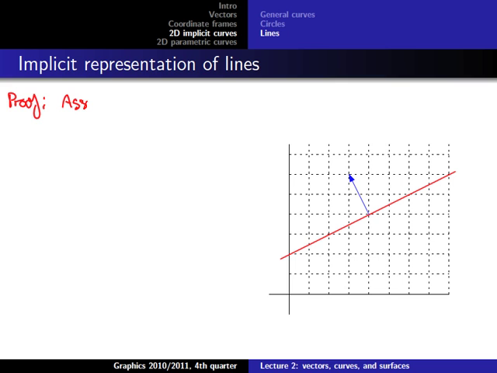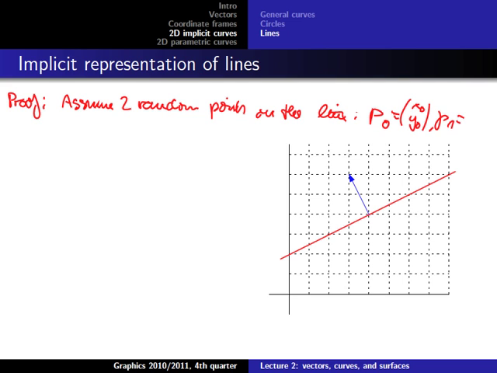assume two random points on the line. So let's say p0, which is (x0, y0), and p1, which is (x1, y1).